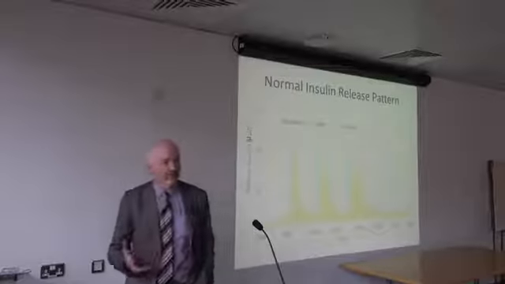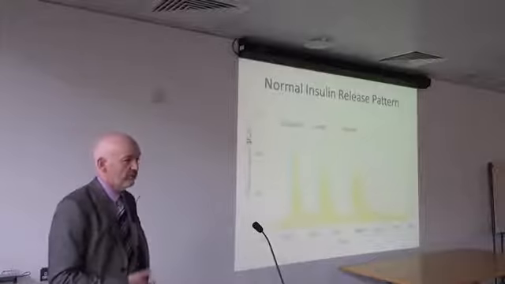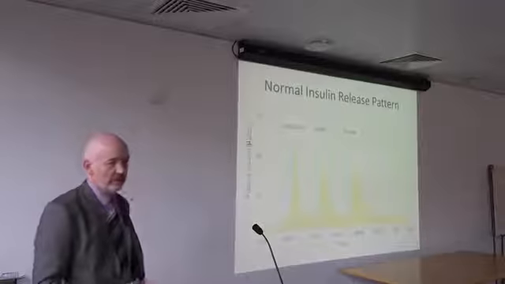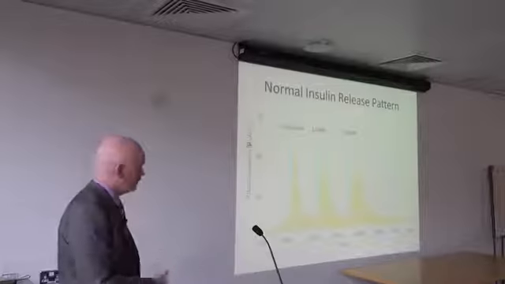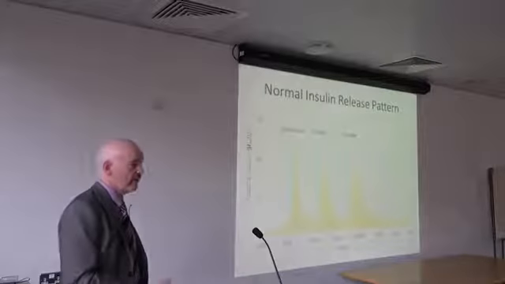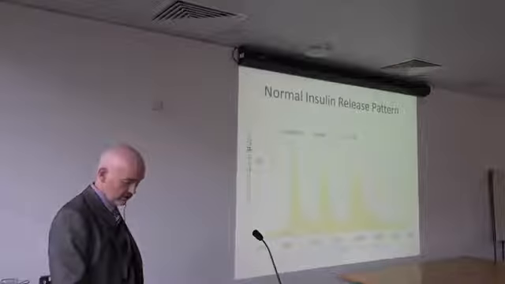And then after each meal, and that's triggered by the sugar and other food constituents that we take in our meal, the insulin production is massively increased after each of the main meals. So you can see in this particular case, you're looking at 3 meals in a day. But obviously if you had more than 3 meals, you'd have extra bursts of insulin production in response to the stimulus.